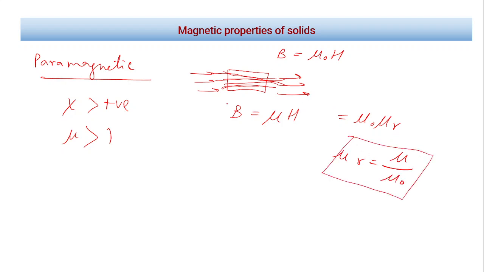To explain the origin of paramagnetic behavior in any material, there were different theories, as discussed in the lecture, and you can refer from there. One was Langevin's classical theory.